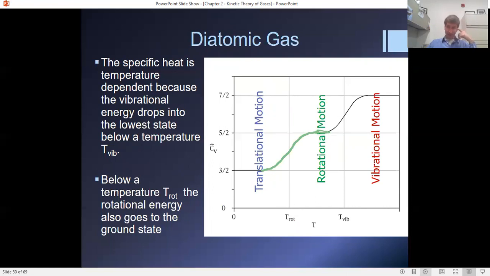At an even higher temperature, then we have to take into account that the diatomic gas can start vibrating and store energy in 2 vibrational modes. Okay, and that brings it up to 7/2 RT.